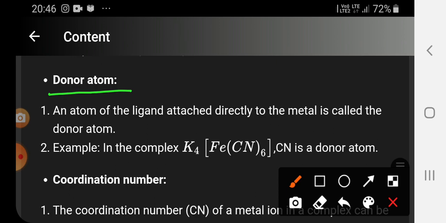In a simple sentence you can write, an atom of the ligand attached directly to the metal atom or ion is called the donor atom.